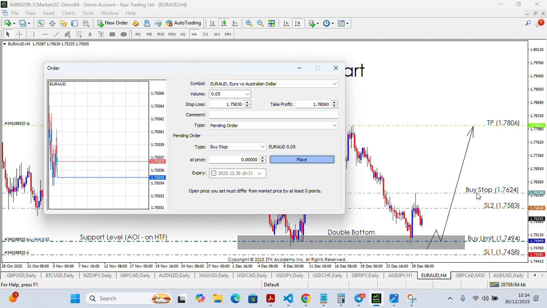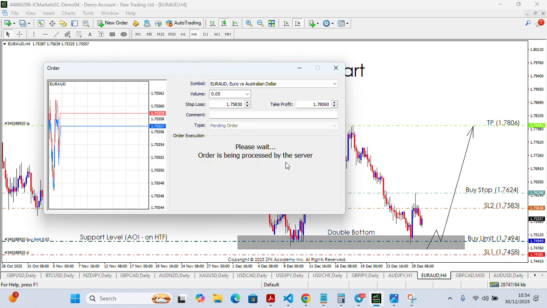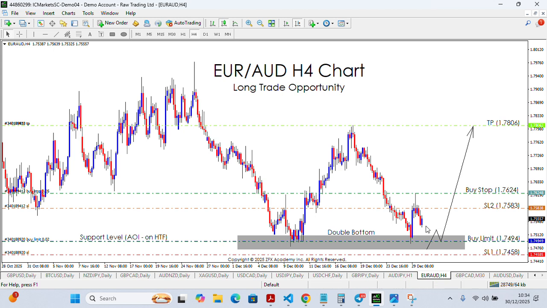The price is supposed to be 1.7624, and we didn't put that here. We didn't put the buy stop order price, and that's why this trade did not trigger. So we've done that, and we hit the place button. Boom, so you've entered.